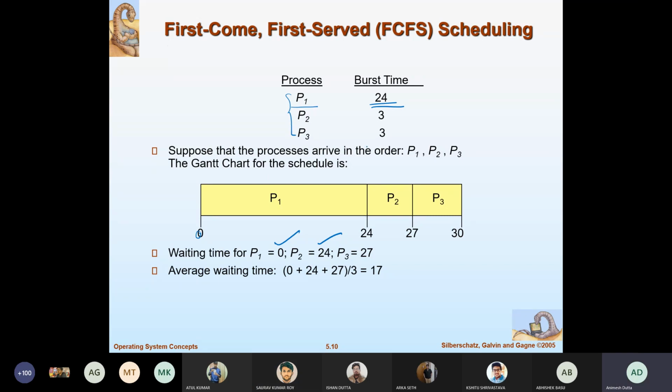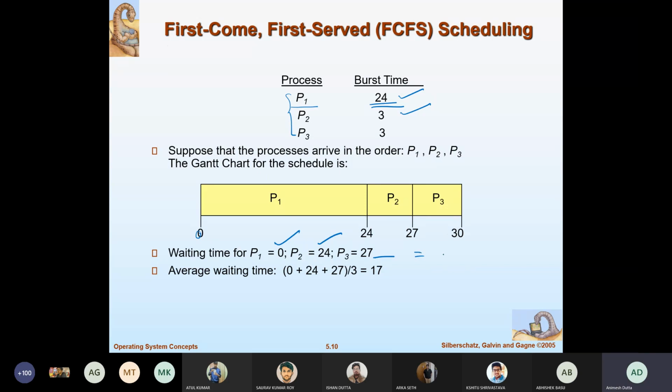What about P3? 27. It has to wait 24 plus 3, because P3 also comes at the same time when P1 and P2 come in the system.